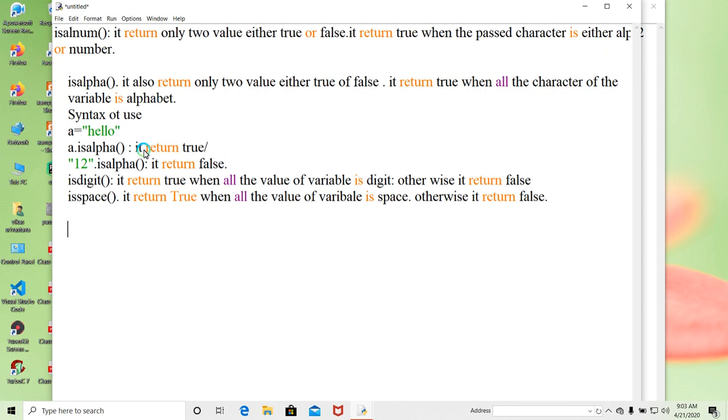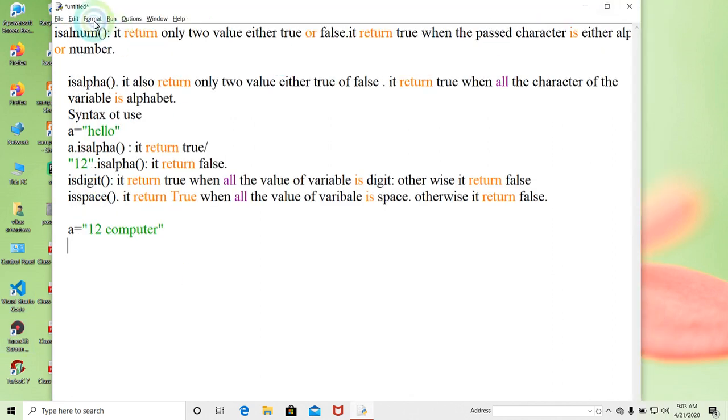But here there are two ways to use it. What are the two ways? Look here, A is equal to, I have written here 12 space computer, and I checked here. I will show it on this screen.